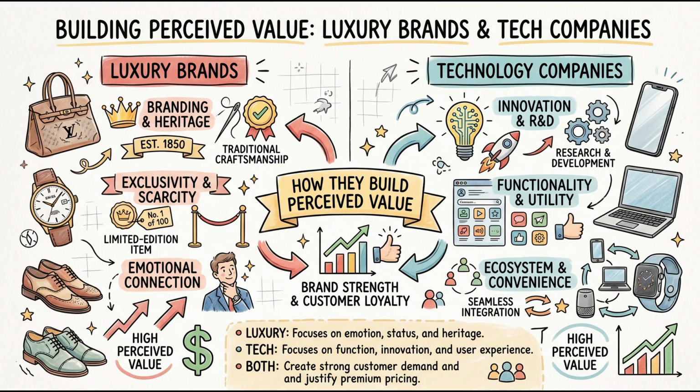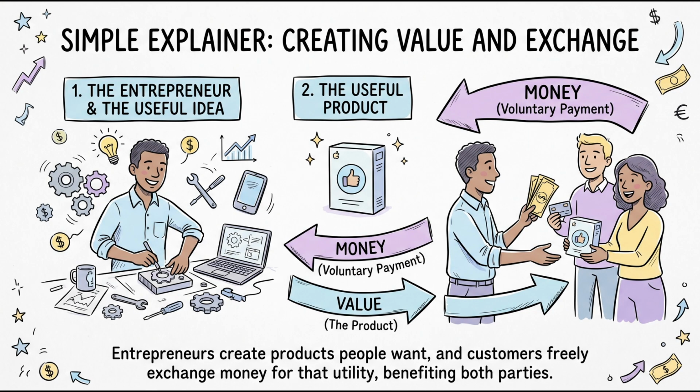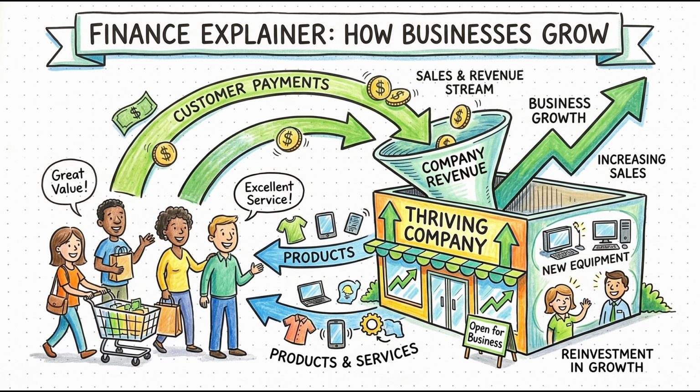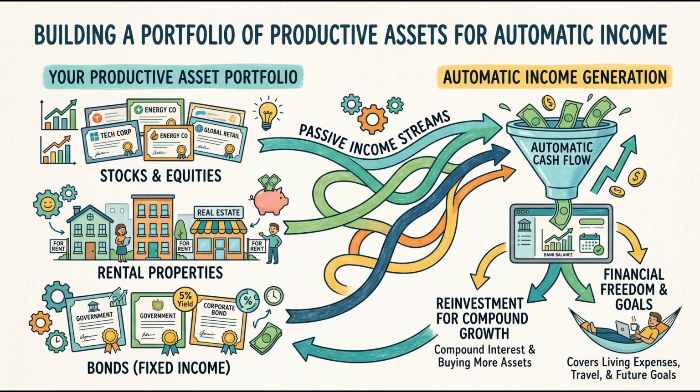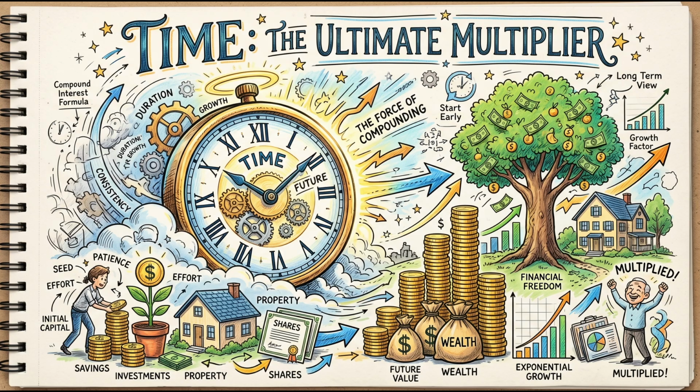Luxury brands and massive tech companies understand this perception perfectly. If you build something useful enough, desirable enough, or efficient enough, people will gladly, voluntarily exchange their hard-earned money for it. That is exactly how businesses scale, how economies grow, and how you transition from just trading your hours for dollars to actually owning productive assets, like stocks, real estate, or bonds.